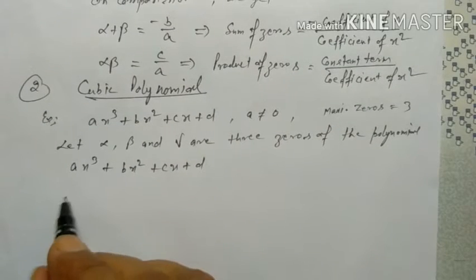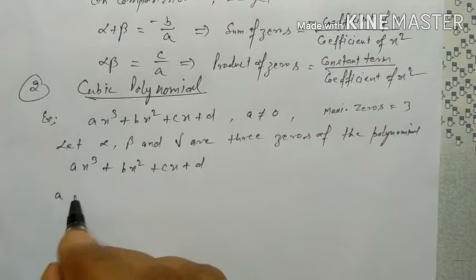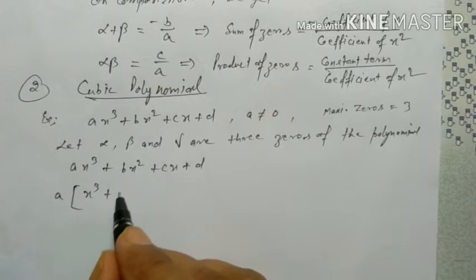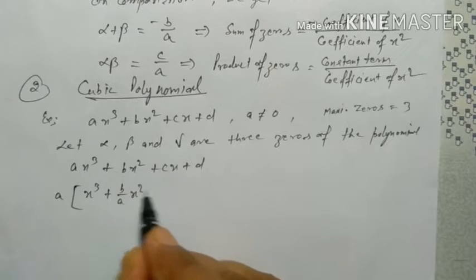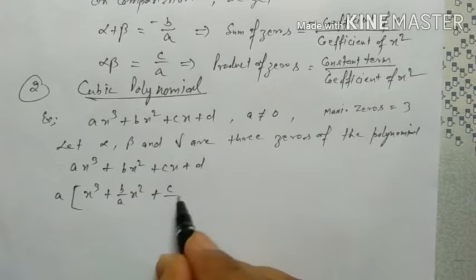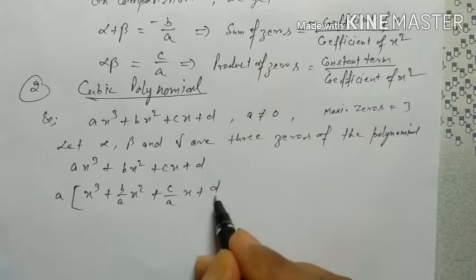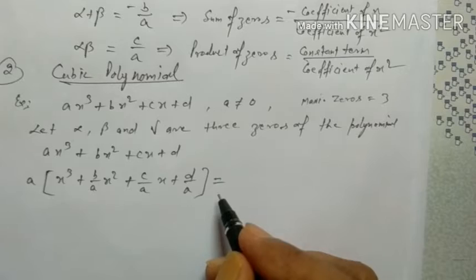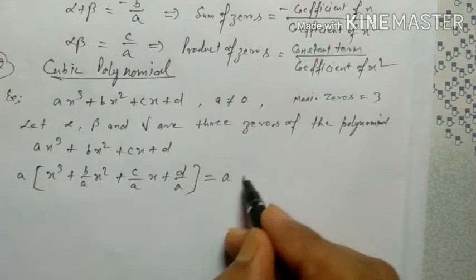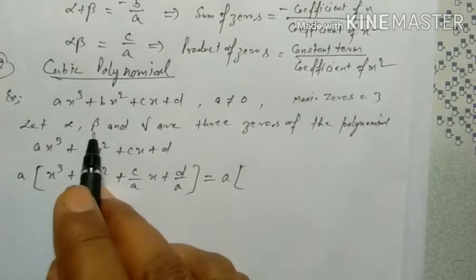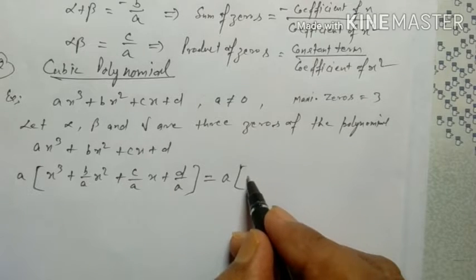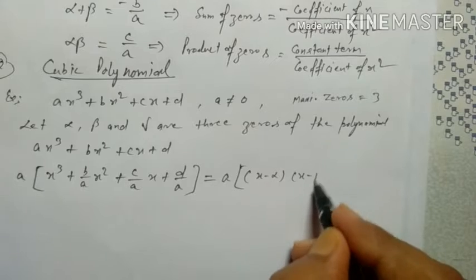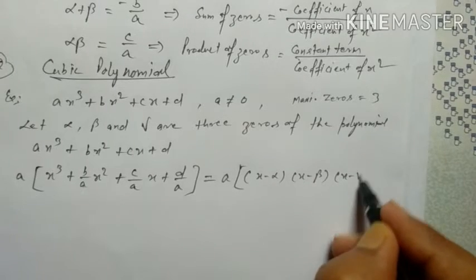So take a common. You will write x cube plus b by a x square plus c by a x plus d by a. This will be equal to a times x minus alpha, x minus beta, x minus gamma.